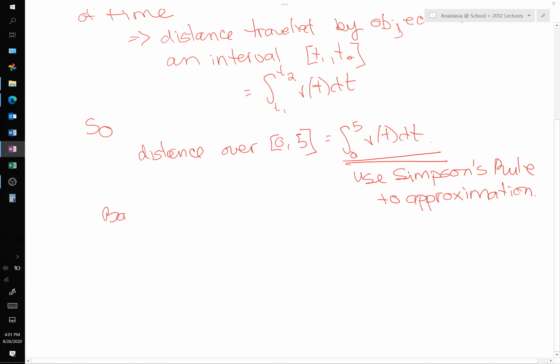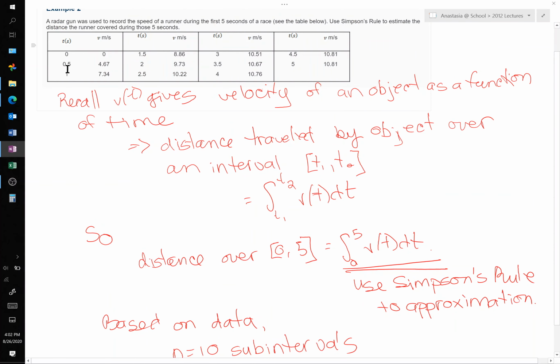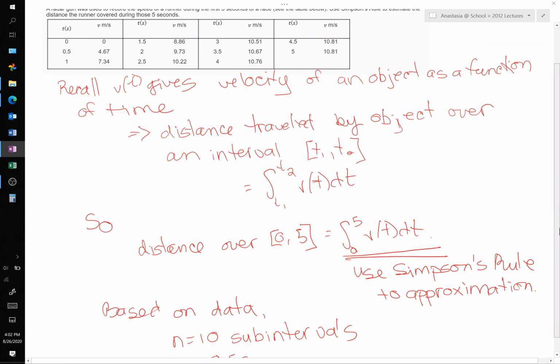So, based on the data, we have n equals 10 subintervals with delta t being 0.5 seconds because that is the distance between our data points here.